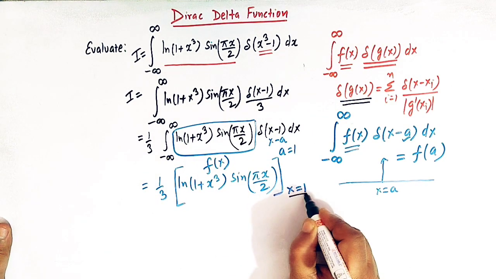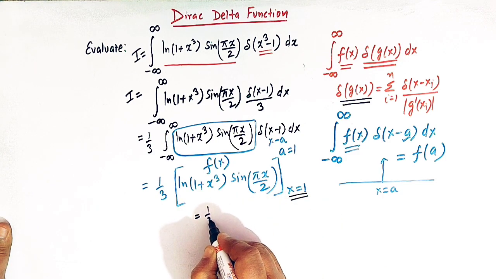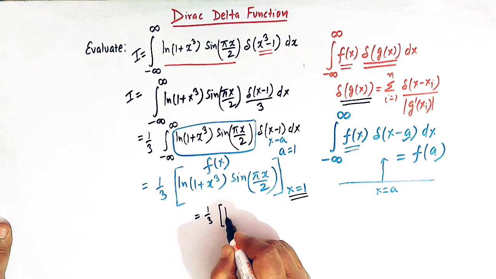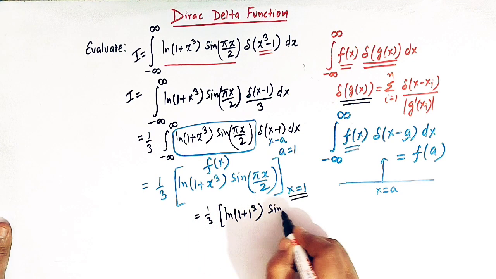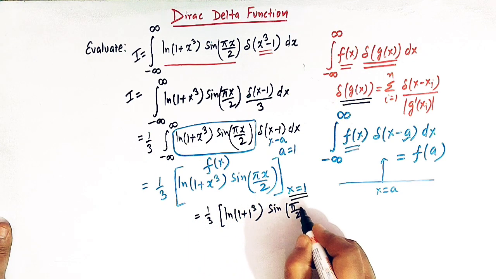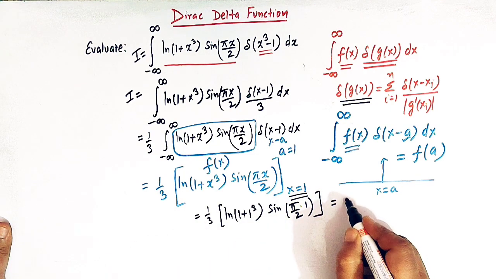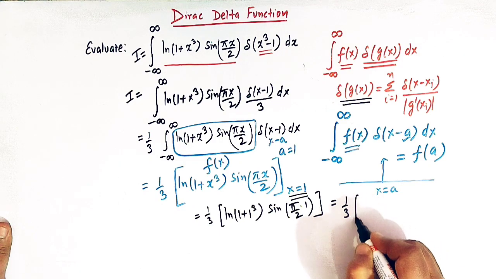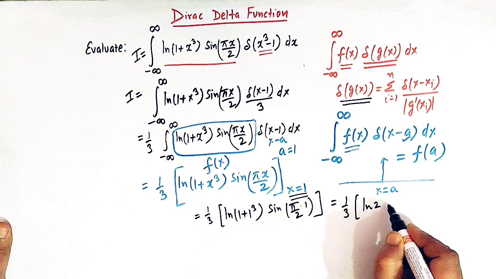So now if we take x is equal to 1 here, then we have 1 over 3 log of 1 plus 1 cube, sine of pi by 2 times 1, right? So this is 1 over 3. Then we have log of 1 plus 1, that is log of 2.